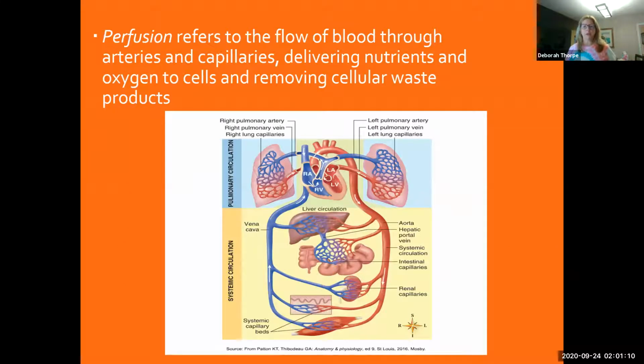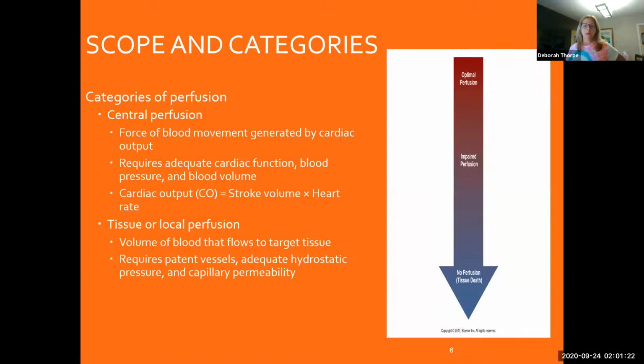Perfusion refers to the flow of blood through the arteries and capillaries, delivering nutrients and oxygen to cells and removing cellular waste. The scope of perfusion, scope and categories. So basically you can divide it up into two different categories.